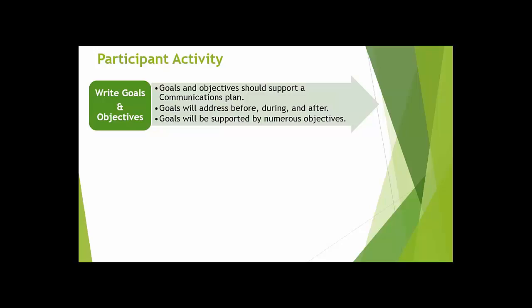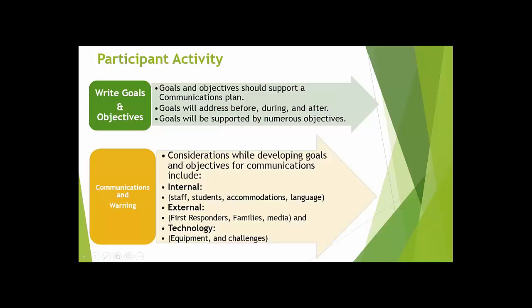The critical cross-cutting function, including communication, means coordinating internal, external, and technological needs before, during, and after an event. Many major disasters have reported in their after-action reports that communication was often the single point of failure within their plans. So either review and edit your existing communications plan or begin writing goals and objectives for a new plan.